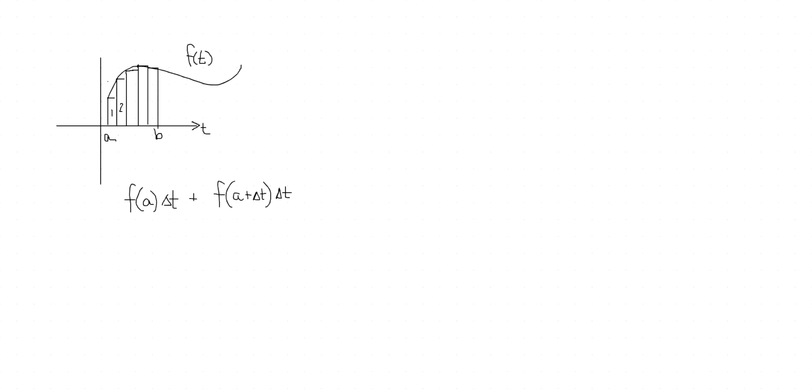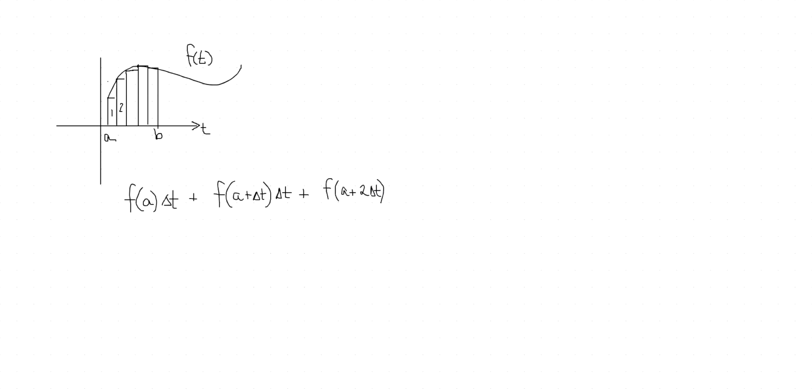The third rectangle would have a height that is 2 delta t's away from a. So we're going to write that value of the function as f evaluated at a plus 2 delta t's. This is simply the t value where we are evaluating the height of this third rectangle.